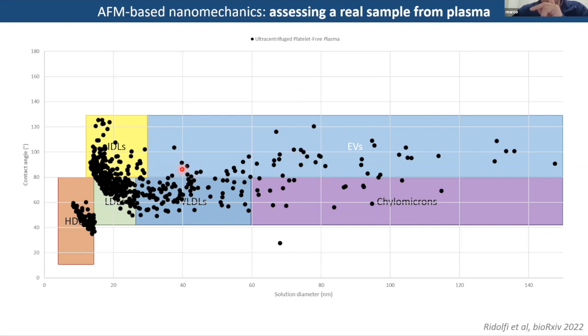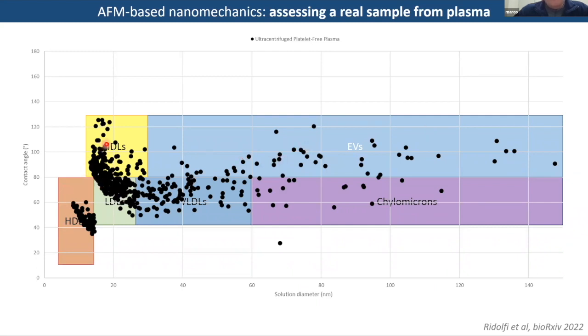So with one scatter plot like this, what we can say is that the sample is heterogeneous. We can assign a tentative identity to the components of the sample, but perhaps we can say something more. So for instance, you might notice that this cluster of lipoproteins here seems to have more dots than EVs, for instance.